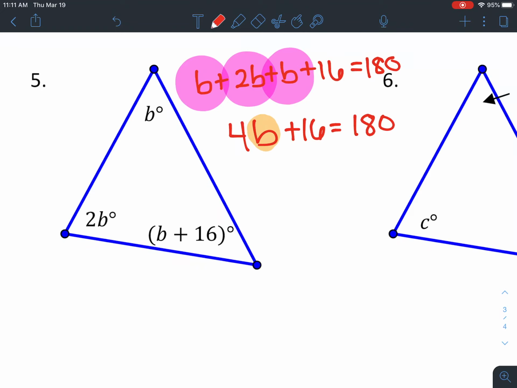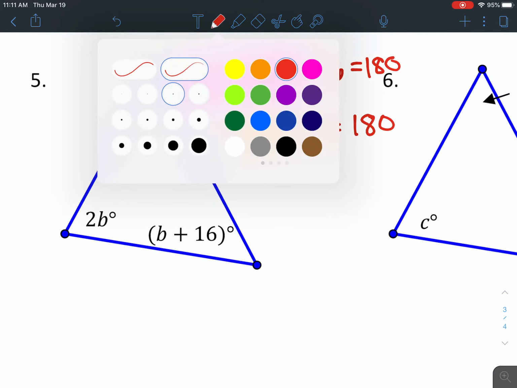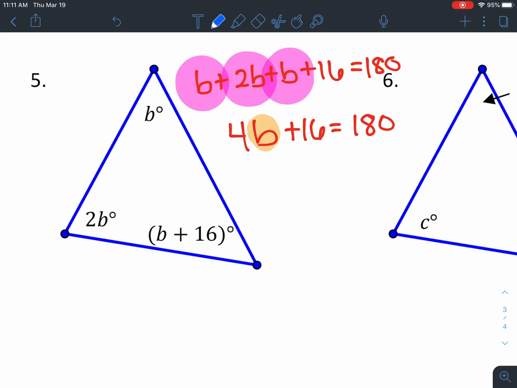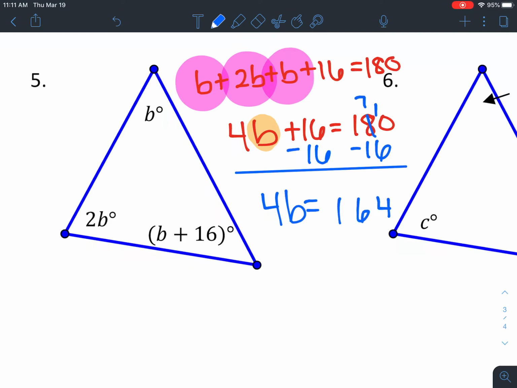So 16 is on the same side of b, but not attached to it. So to get rid of plus 16, we subtract 16 on both sides. 4b equals 164. So then divide by 4. So b equals 41. You can use a calculator if you need to.